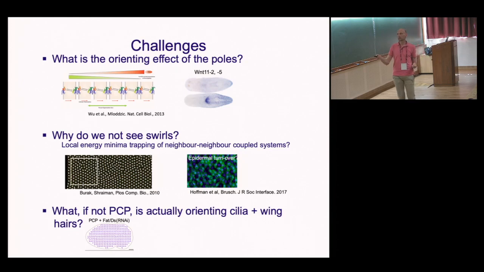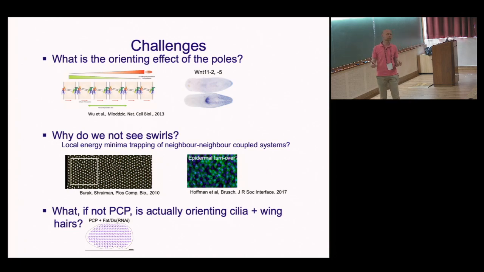And by the way, Suzanne has done this experiment in Drosophila much more cleanly because they have genetically removed both systems. Also under these conditions, there are still beautiful, consistent wing hair orientations, not like in a wild type wing, because the wing has different shapes and things like that.